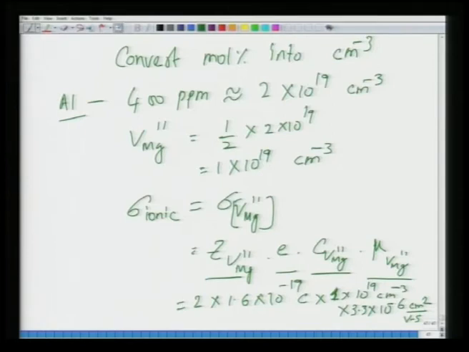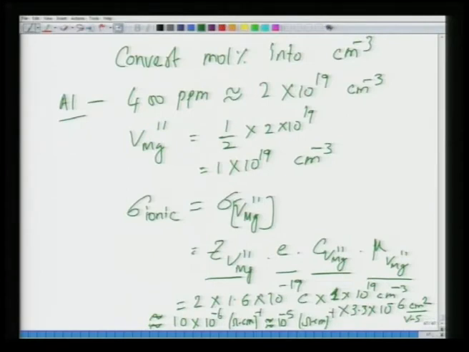Now, this will be approximately 3.2 multiplied by 3.3, approximately 10, multiplied by 10 to the power minus 19 and 19 will cancel each other, 10 to the power minus 6. So this will be in ohm centimeter inverse, and this will be approximately equal to 10 to the power minus 5 ohm centimeter inverse.